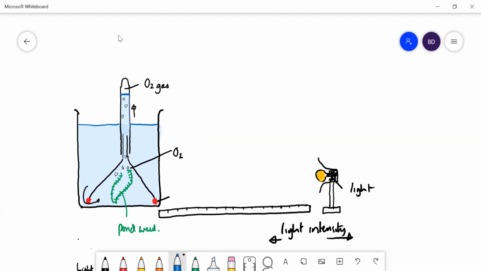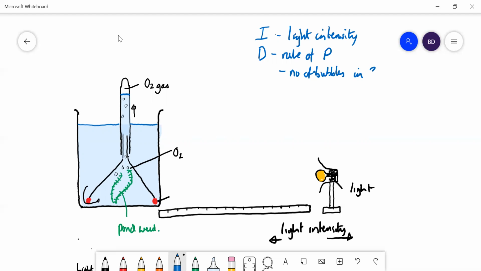So the independent variable, the one I am changing, is the light intensity, or if you like, the distance the light is from the beaker. And the dependent variable is the rate of photosynthesis, which is the number of bubbles counted in 30 seconds. Or you could count it in a minute, whatever.